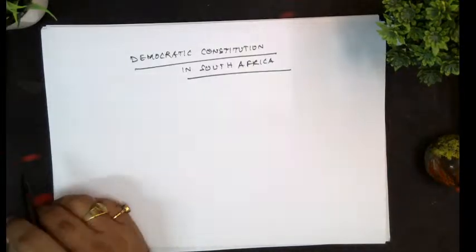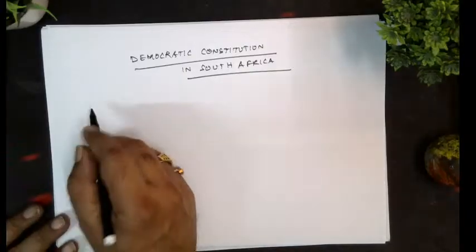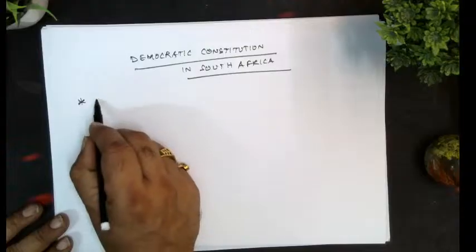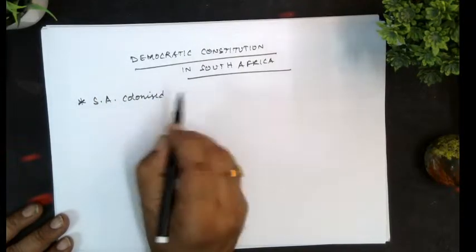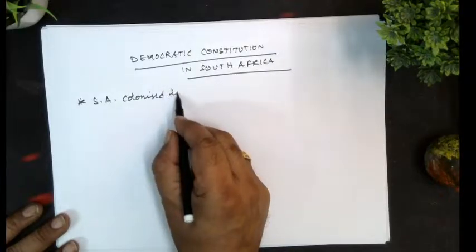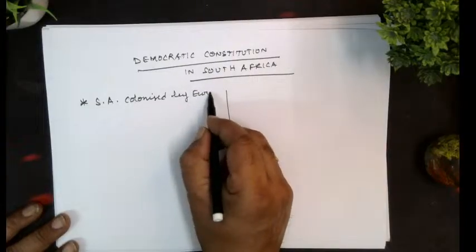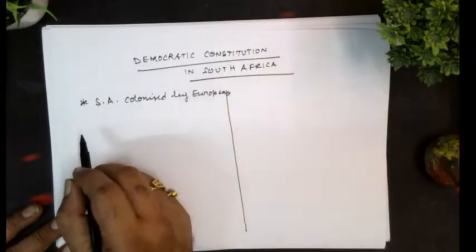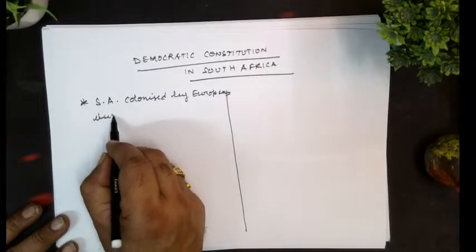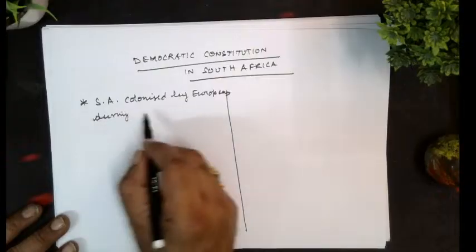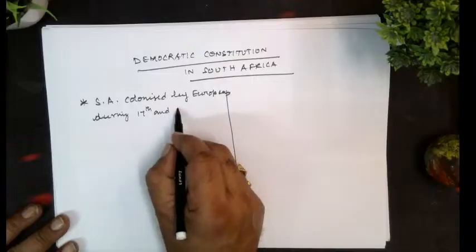South Africa was actually colonized by the Europeans during the 17th and 18th centuries.